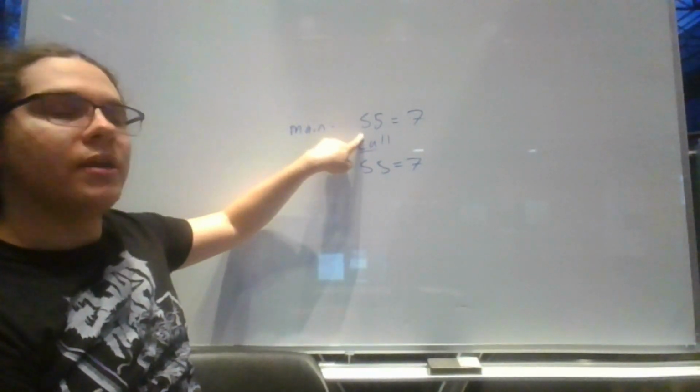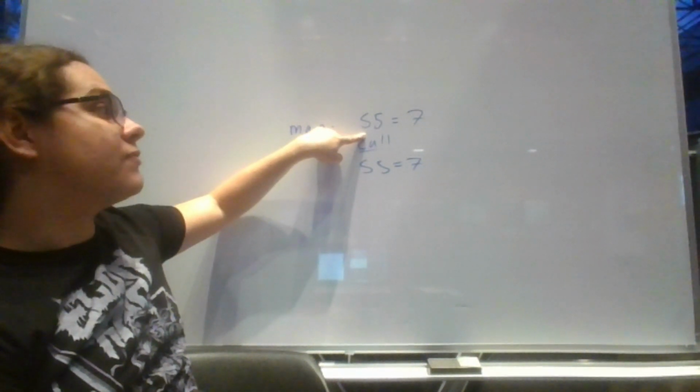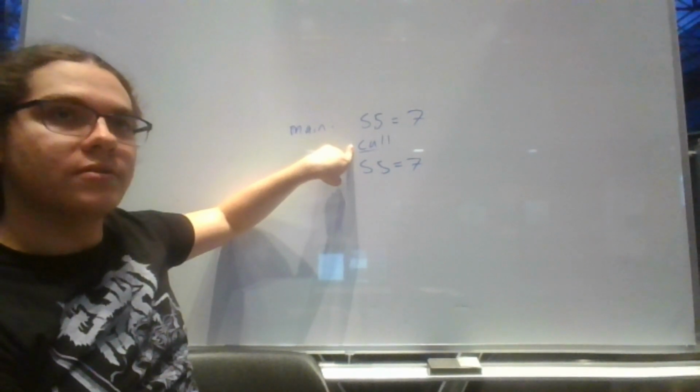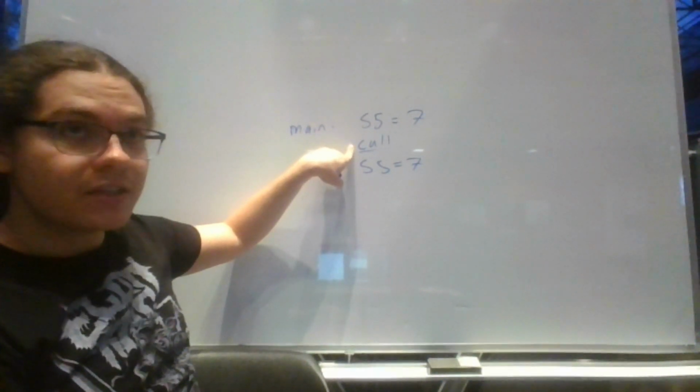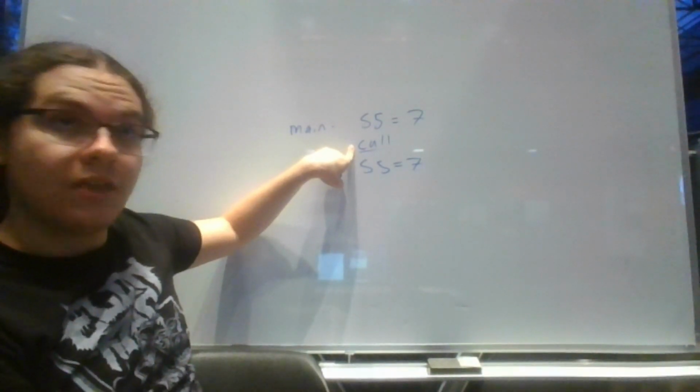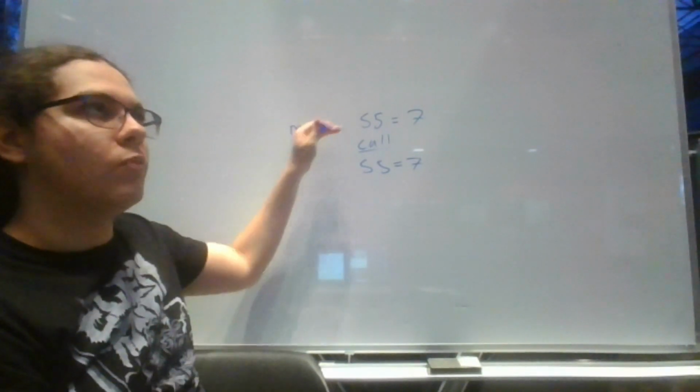Main knows that because this is a saved register, an S register, it doesn't have to worry about the function that it calls. The function that it calls is going to guarantee that even if it uses S5 in its implementation, it's going to restore it to whatever main had, right before it returns.